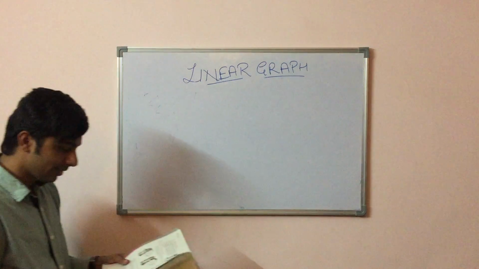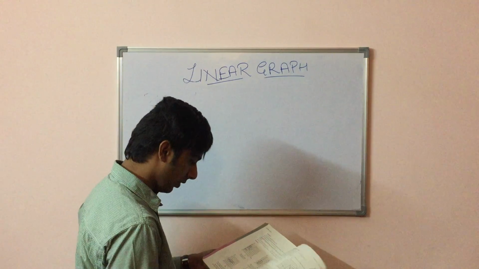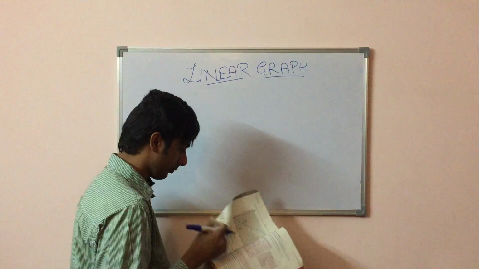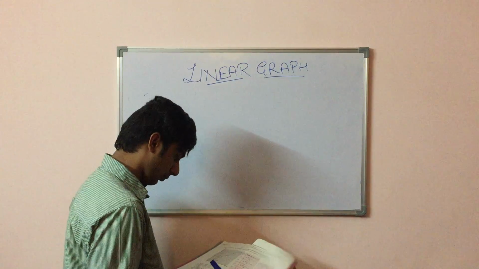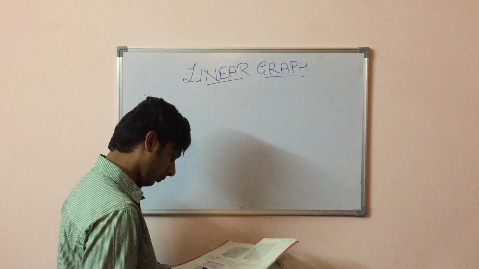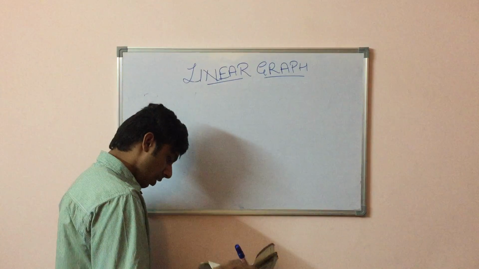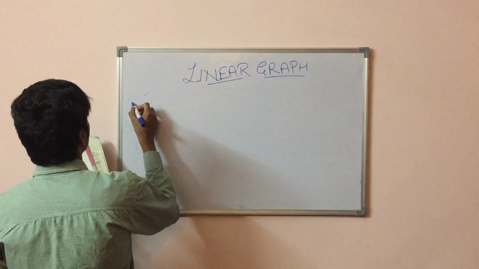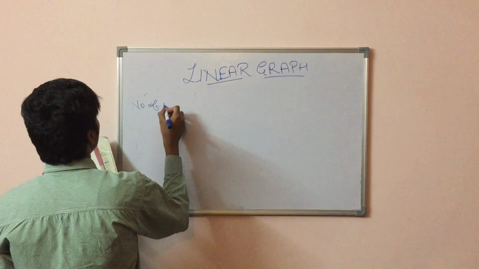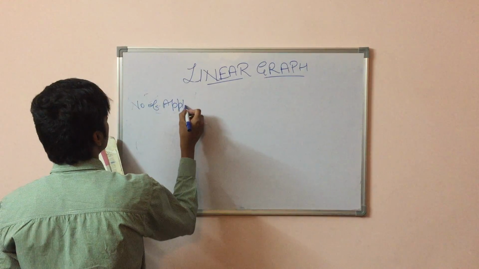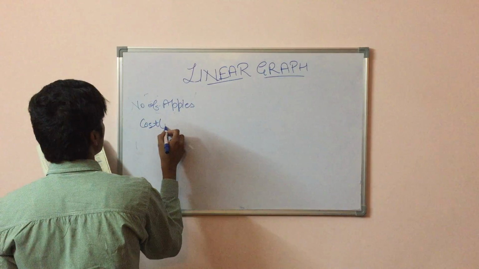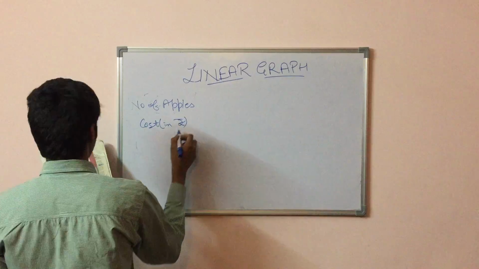There is an example over here, a simple example: number of apples and cost in rupees.